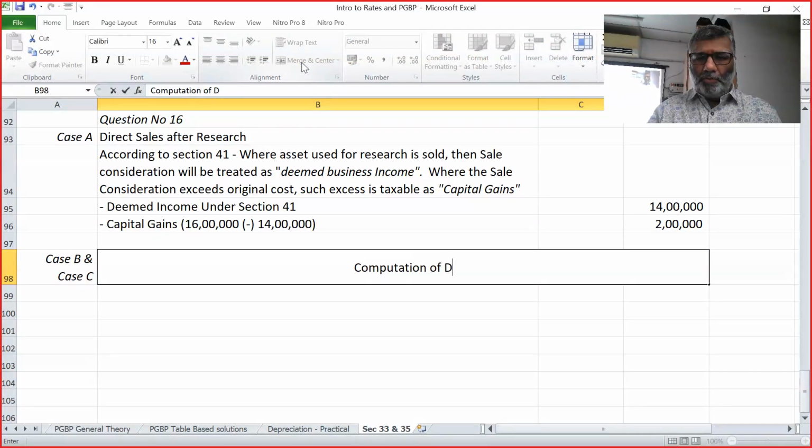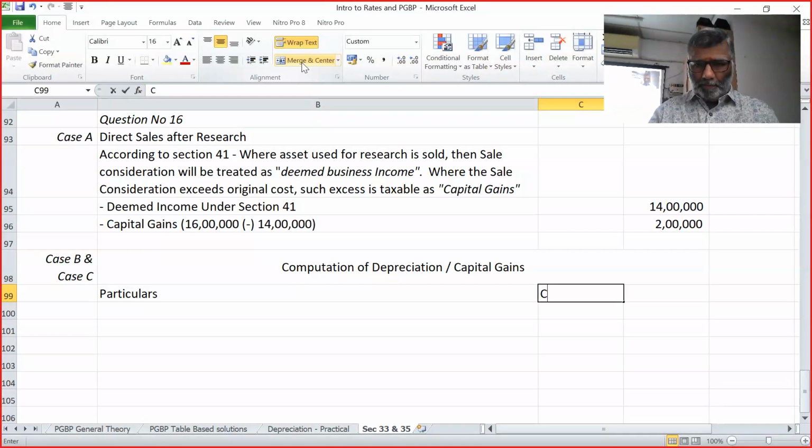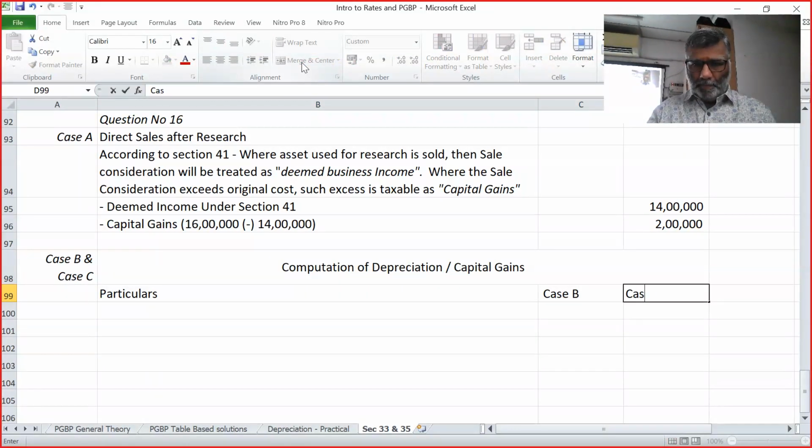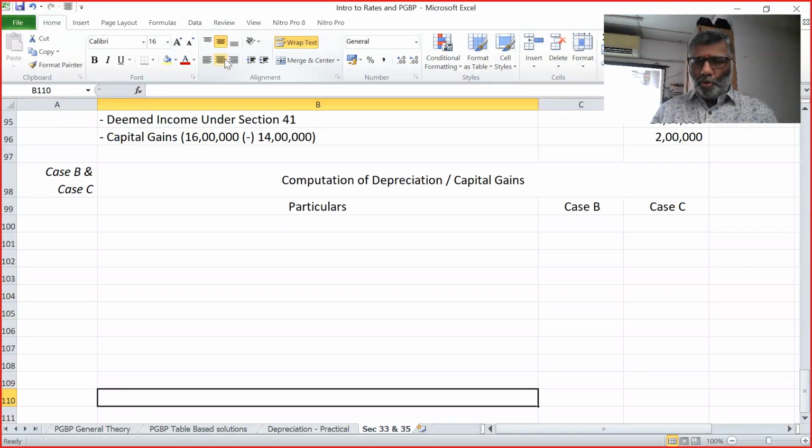Computation of depreciation slash capital gains. Whenever it is saying block, come back to the only format we know, so that you are very categorically clear.